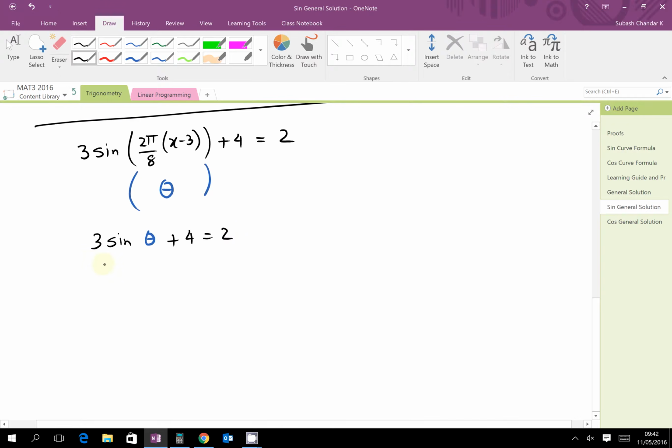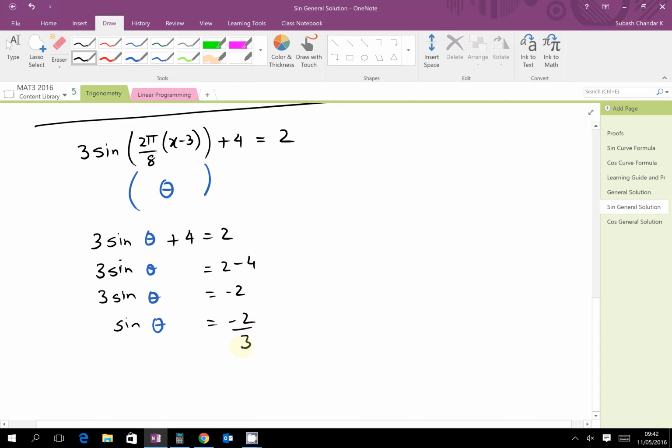So I've got 2 minus 4, which is negative 2. So 3 sine theta equals negative 2. Sine theta equals negative 2 over 3. Is that all right so far?